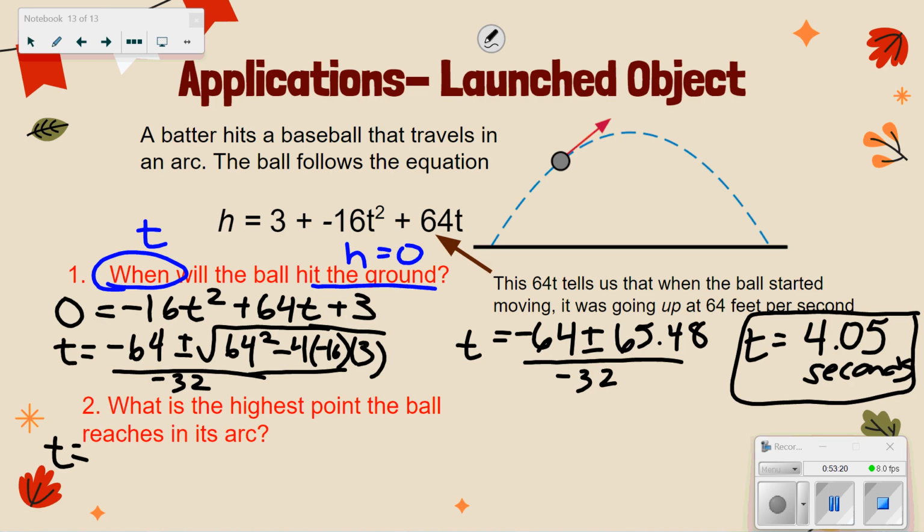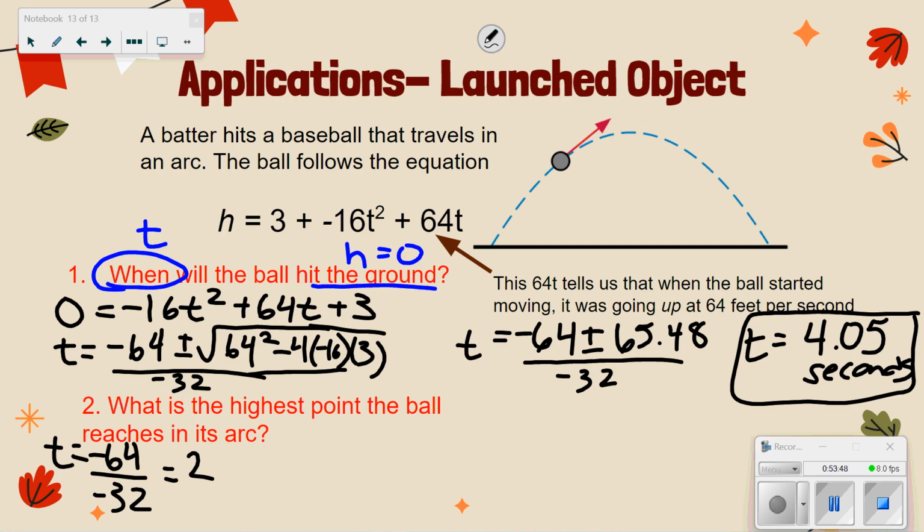So minus b is going to be negative 64 over 2 times a, which would be negative 32. So what does that mean our t value is going to be? 2. So does that make sense, right? I'm getting my highest point around 2 seconds, and I reach the ground around 4 seconds. That makes sense, right? It's going to be symmetrical.